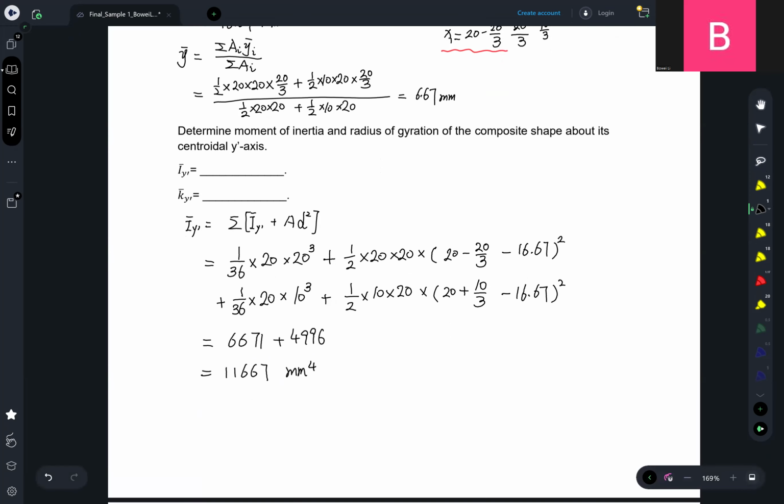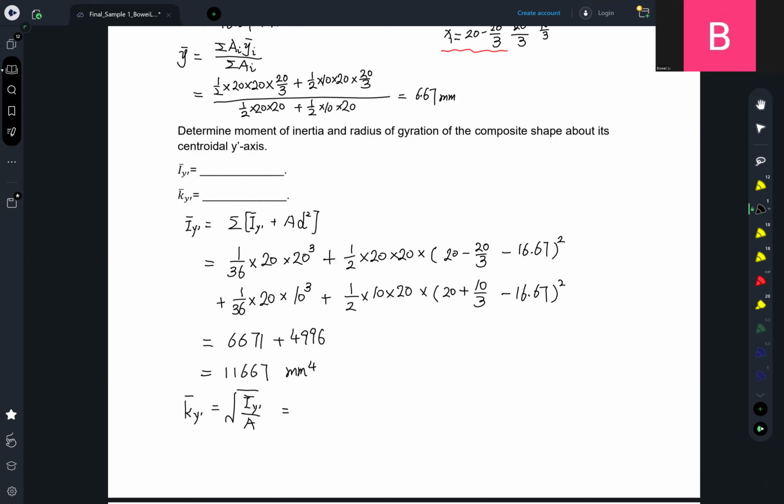And we also are required to find the radius of gyration, right? How can we find that? It is the square root of the moment of inertia divided by area, right? We have that in the previous question as well.